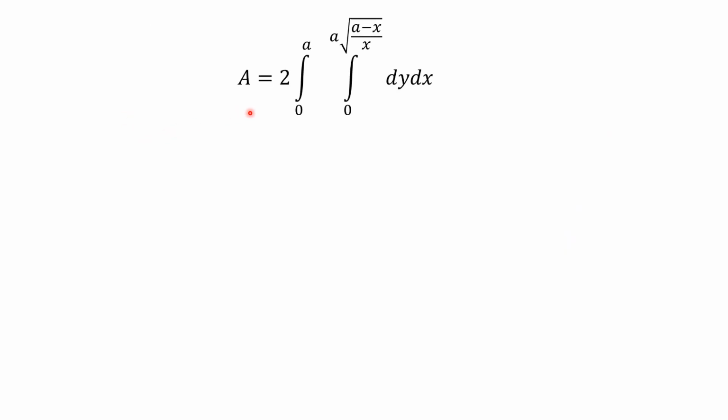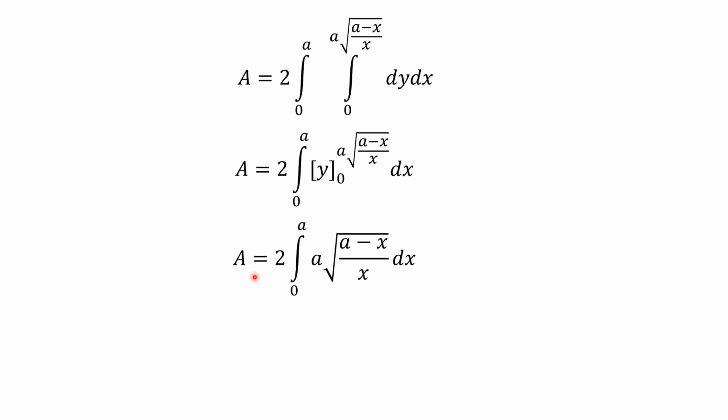So integration of 1 with respect to y is y, and limits are from 0 to a into root (a minus x) upon x, dx. Put the upper limit, put the lower limit. If we put the upper limit, it will be a into root (a minus x) upon x, minus the value at the lower limit, which is 0. So we are left with this integration.